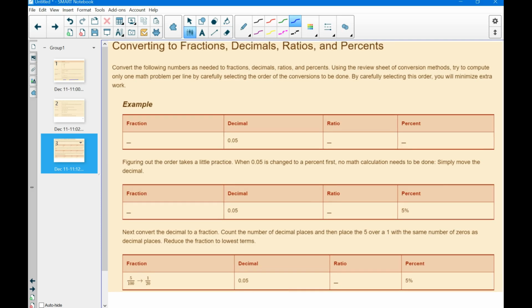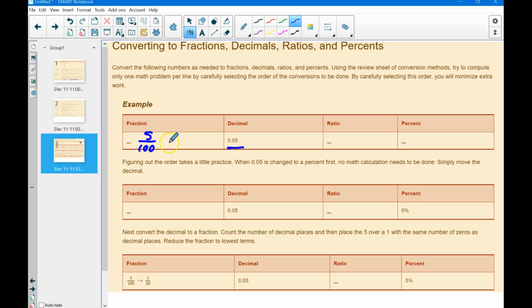So looking at converting fractions, decimals, ratios, and percents, this one here gives us a decimal, right here, 0.05. And as a fraction, what would that be as a fraction? Let's look at the place value. Tens, hundreds. So it would be 5 over 100. Everyone see that?